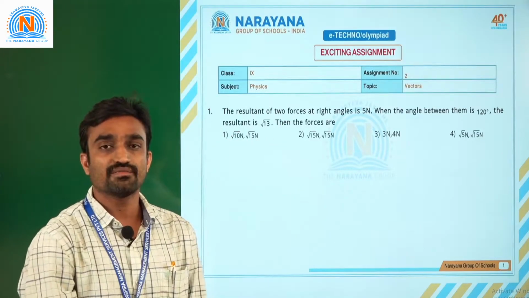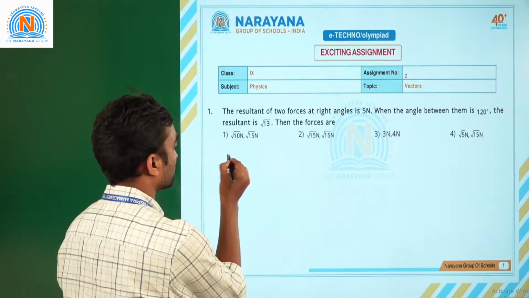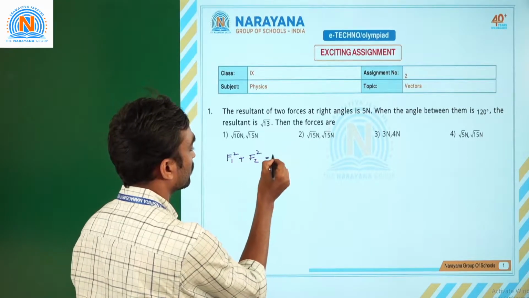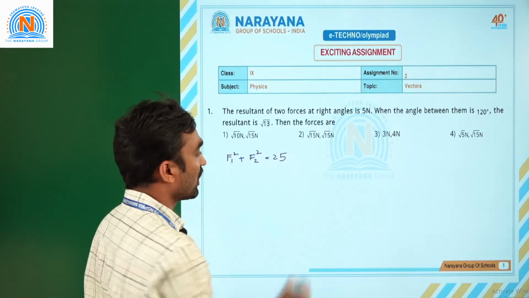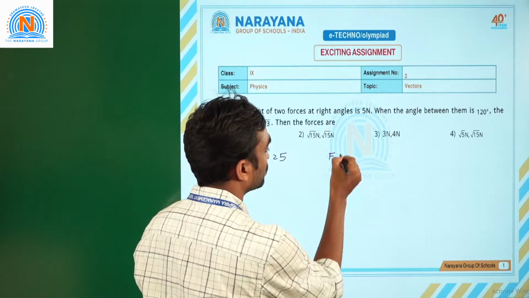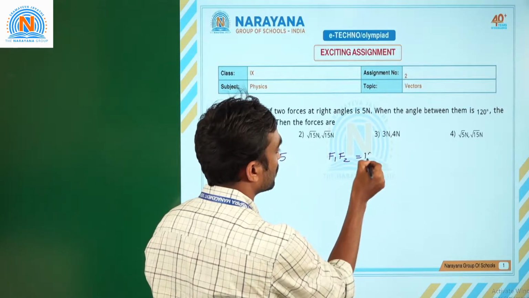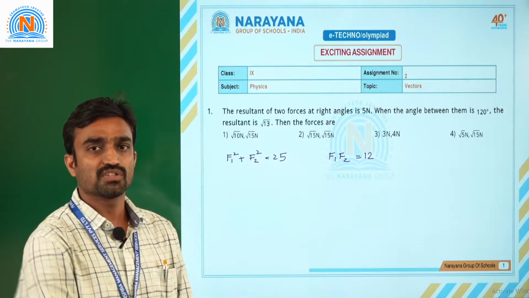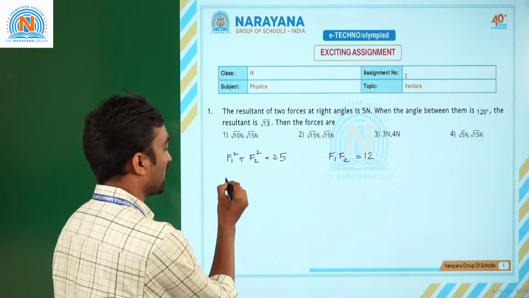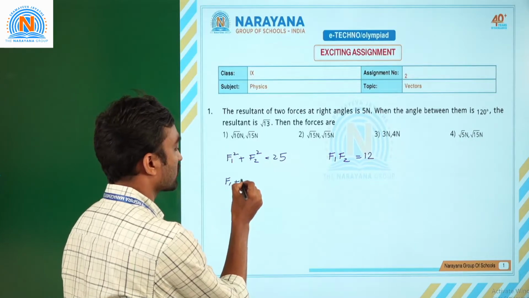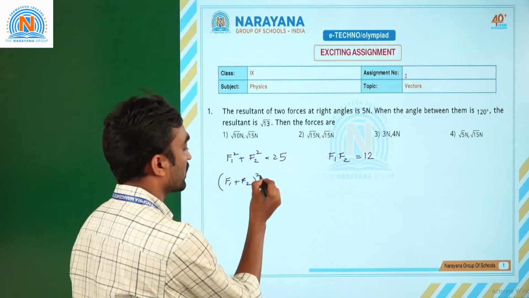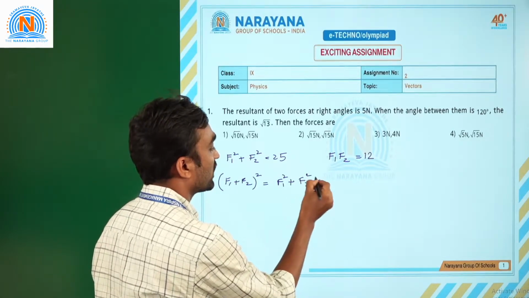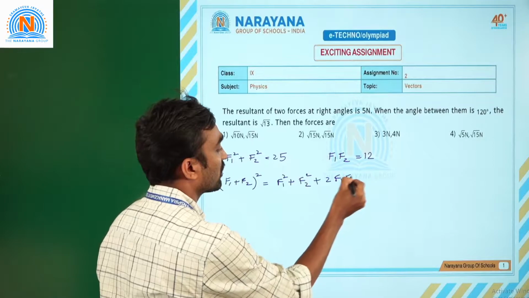See, we got the value of F1 square plus F2 square as 25 and F1 F2 as 12. Now, I am going to write a very simple formula, that is A plus B whole square. Simply I can write F1 plus F2 whole square equal to, we know, F1 square plus F2 square plus 2 F1 F2.